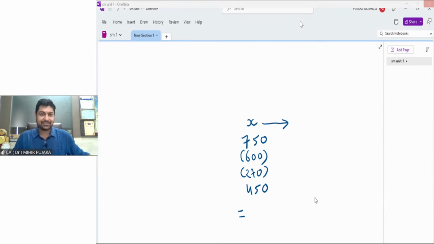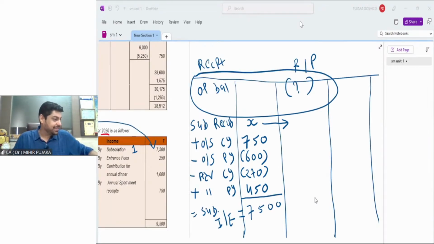Yes, it is 7170, which will be in the RNP.